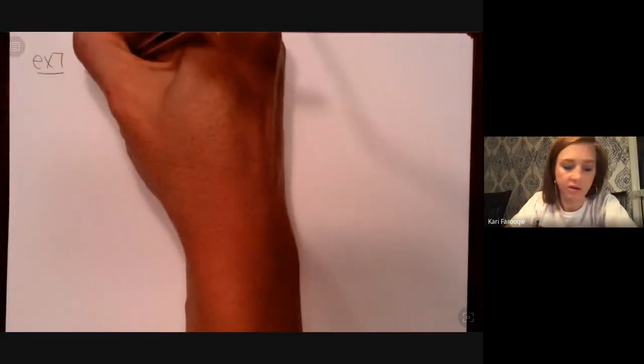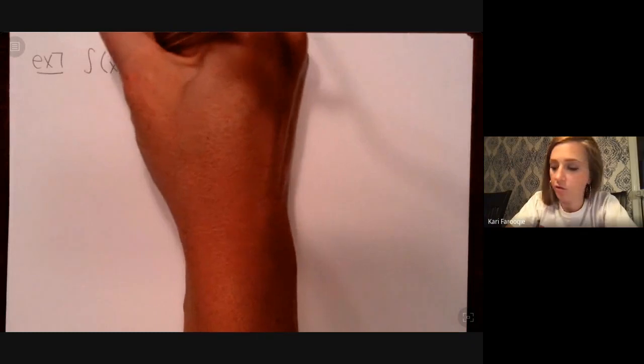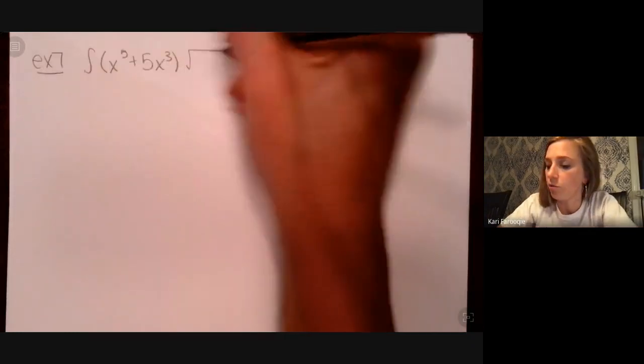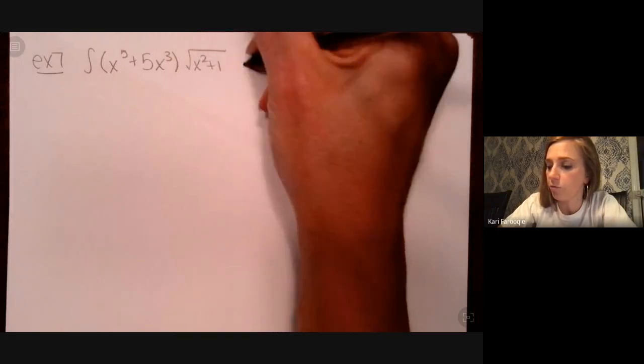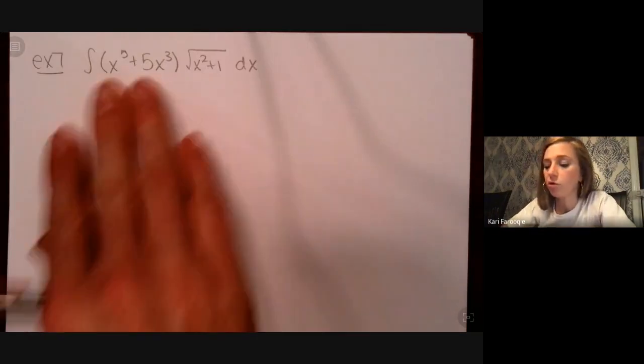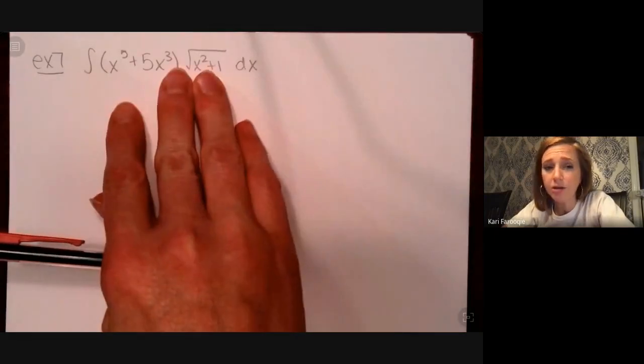All right, so this is the quantity x to the 5th plus 5x cubed times the square root of x squared plus 1 dx. I think sometimes it may be harder to tell which is the inside function because you have parentheses and you have a radical.